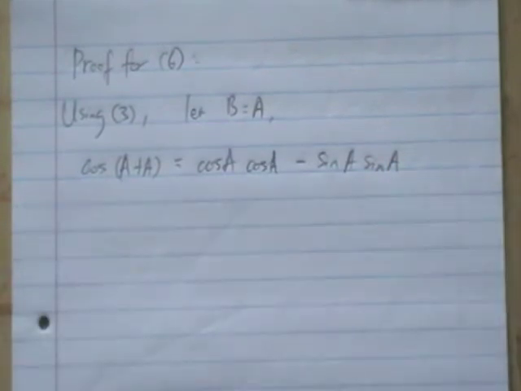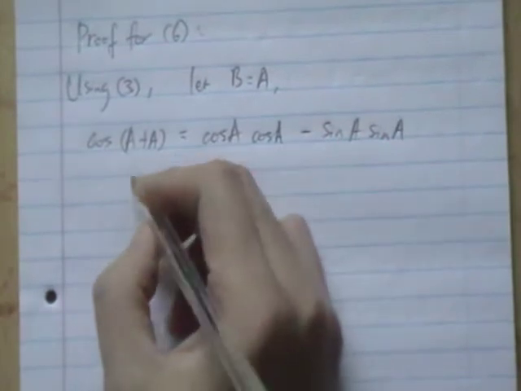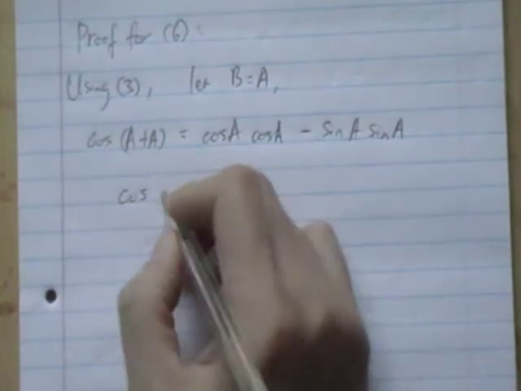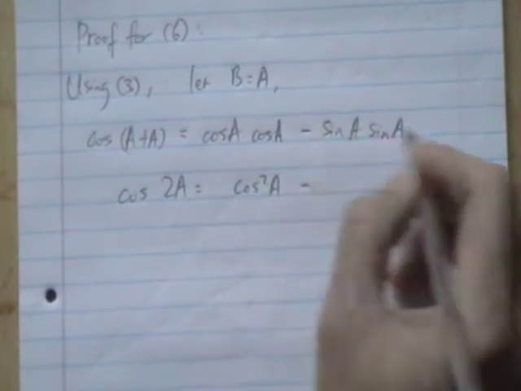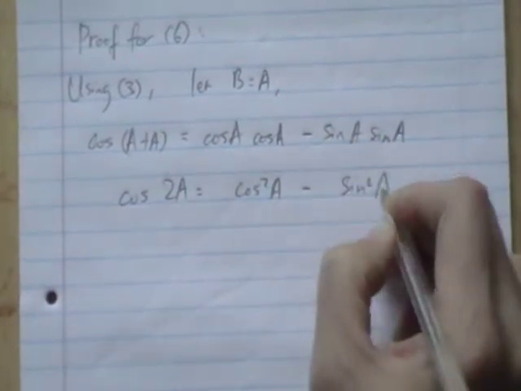And that's it. If I simplify, I have cosine a plus a is 2a, cosine a cosine a is cosine squared a, sine a sine a is sine squared a.